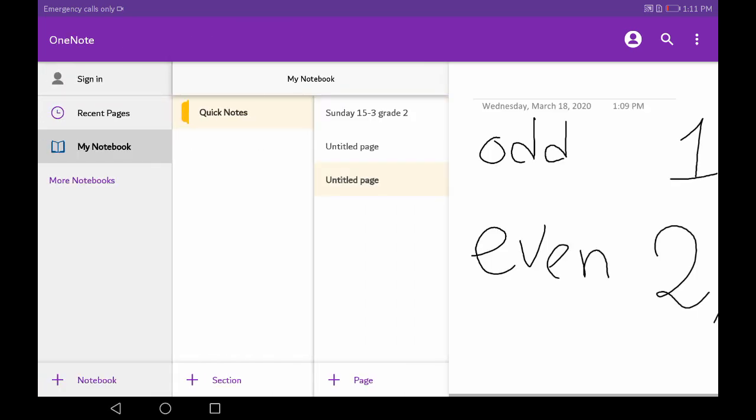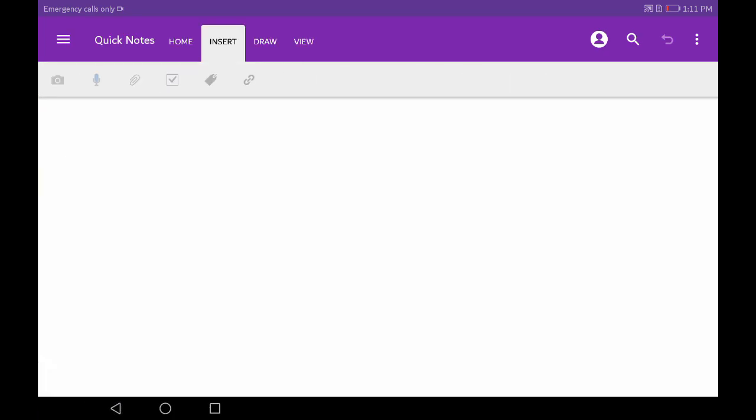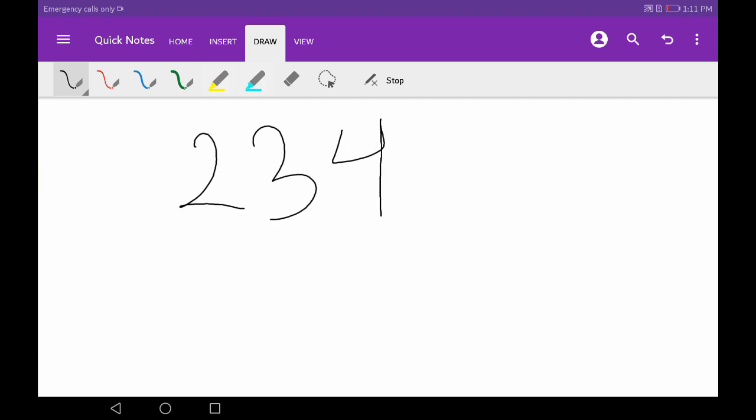Another conclusion here. For a 1-digit number, I know how to differentiate between even and odd numbers. But if I had a number like 234, how would I know if it is a multiple of 2 or not?